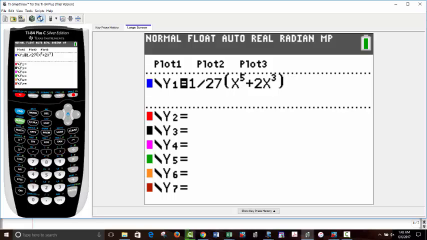I go back to my table. Trying to get out of that. X, 2x cubed.